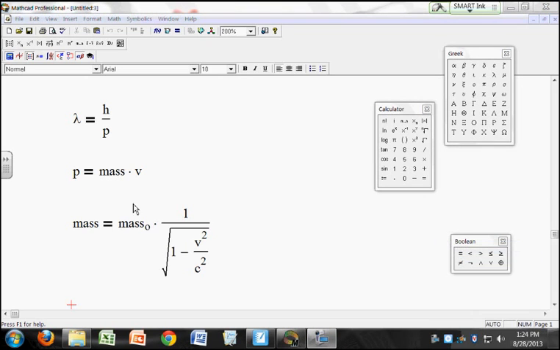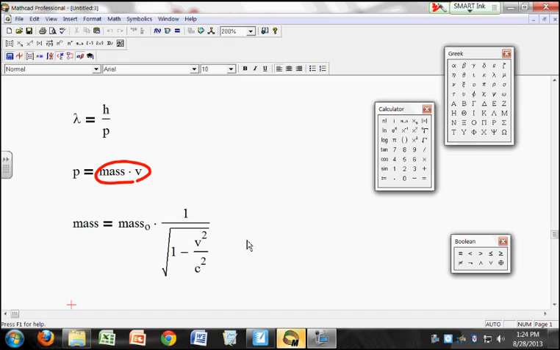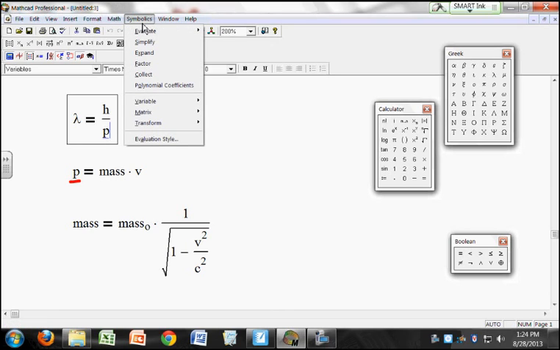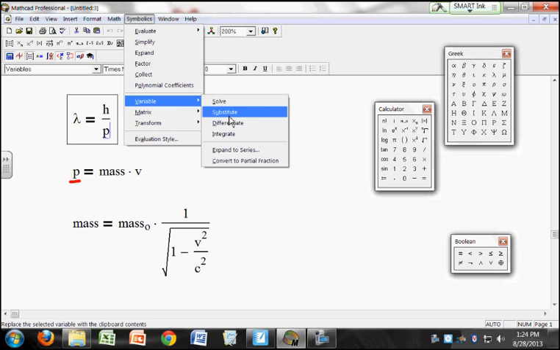All right, so now that you have these equations, let's do something called substitution. I want to substitute mass times velocity for p. So I'm going to highlight mass times v, right-click, copy, and then select p in this expression, and go symbolics, variable, substitute.